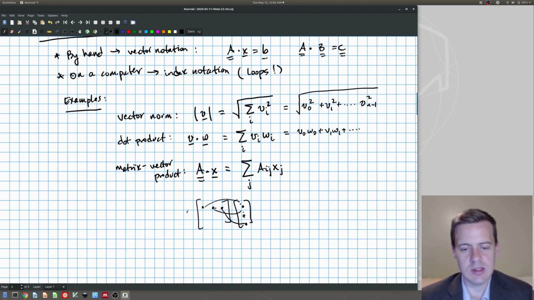What you're doing is, remember that the first index here is the rows, and j is the columns. So you're going over the columns in the j, and going down the rows in x, multiplying those and summing them up. That's the index notation for that one. The vector norm is just a scalar, and a dot product is just a scalar.